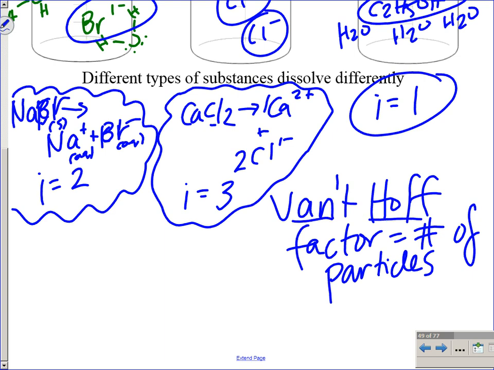That's called the I factor. So far, so good, guys? Yes. So we're going to use that logic in the background as we talk about colligative properties.